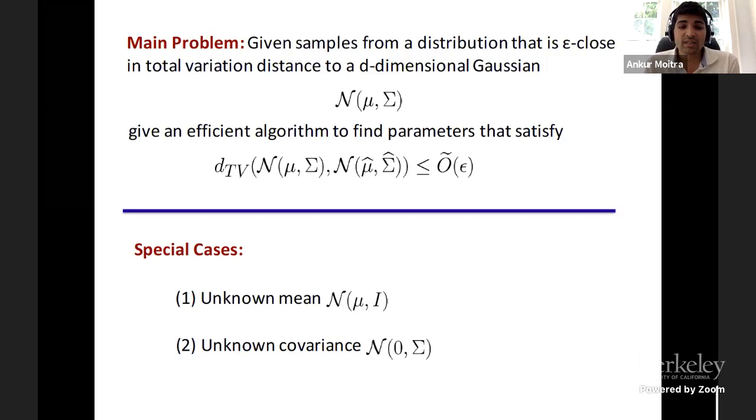So can you robustly estimate the mean of a high-dimensional spherical Gaussian? I'll call that the unknown mean case. Instead, I could make your life simpler by promising you that the unknown mean is 0, and all you have to do is estimate the unknown covariance, so what the shape of the ellipsoid is for this ellipsoidal Gaussian.